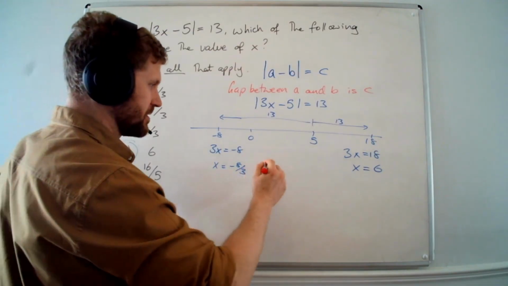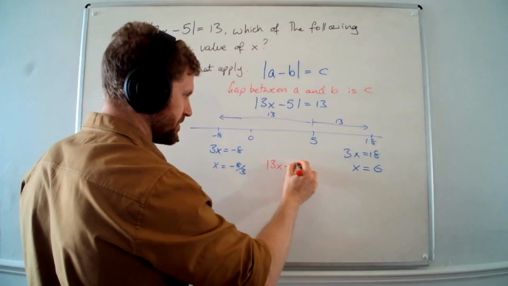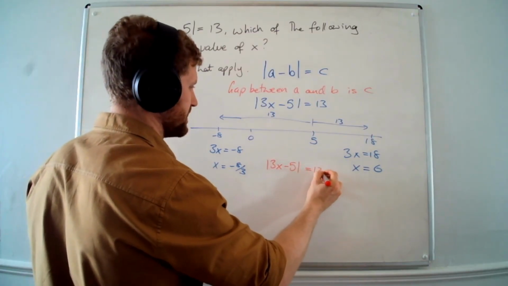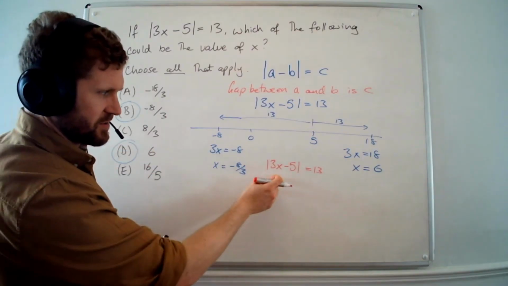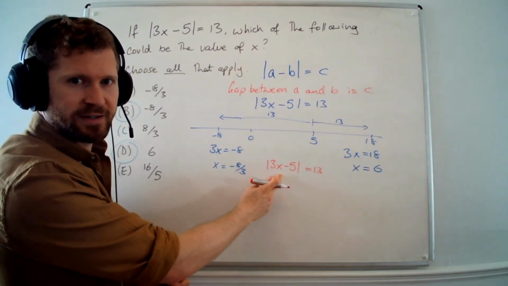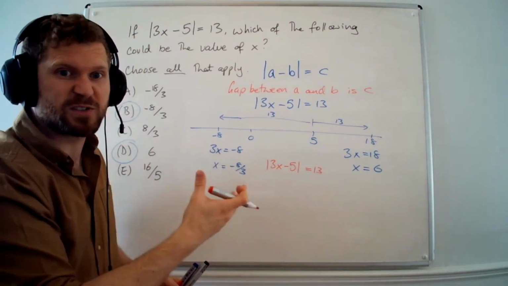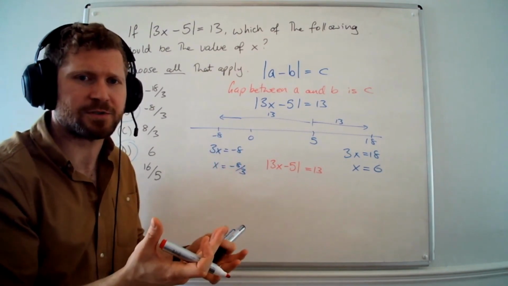So if I start with the absolute value of 3x minus 5 is equal to 13. What an absolute value does in terms of algebra is it says, let's look at what's inside, 3x minus 5. If that's positive, nothing happens.